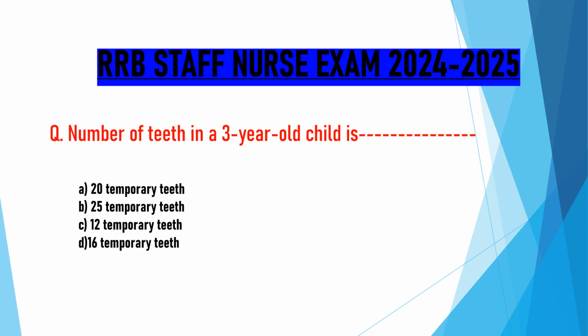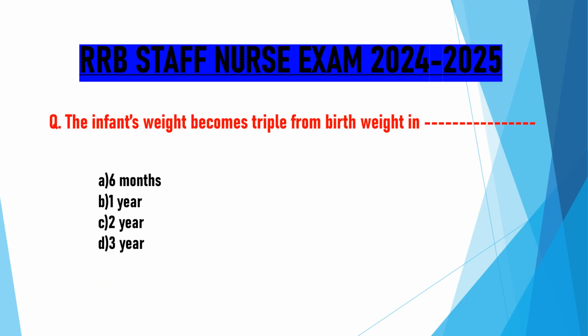Number of teeth in a 3-year-old child is. Options are 20 temporary teeth, 25 temporary teeth, 12 temporary teeth, 16 temporary teeth. So the answer is 20 temporary teeth. The infant's weight becomes triple from birth weight in.